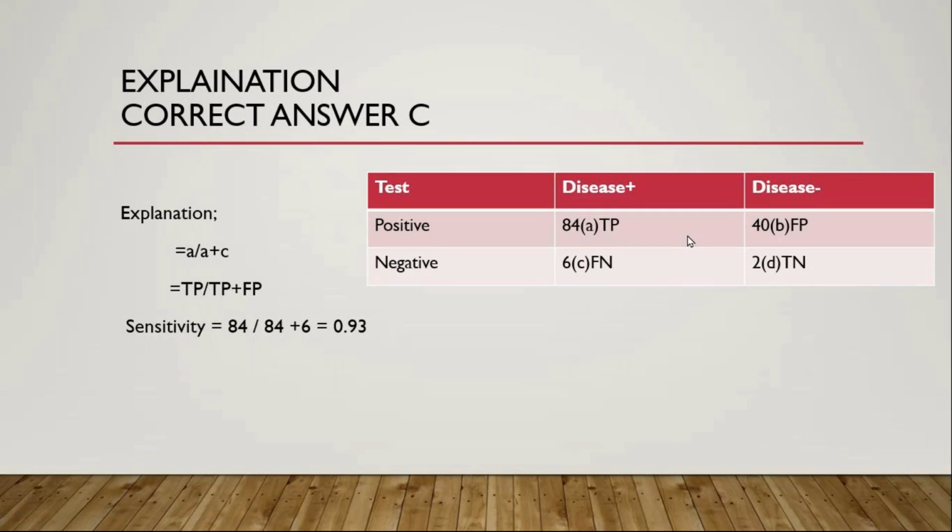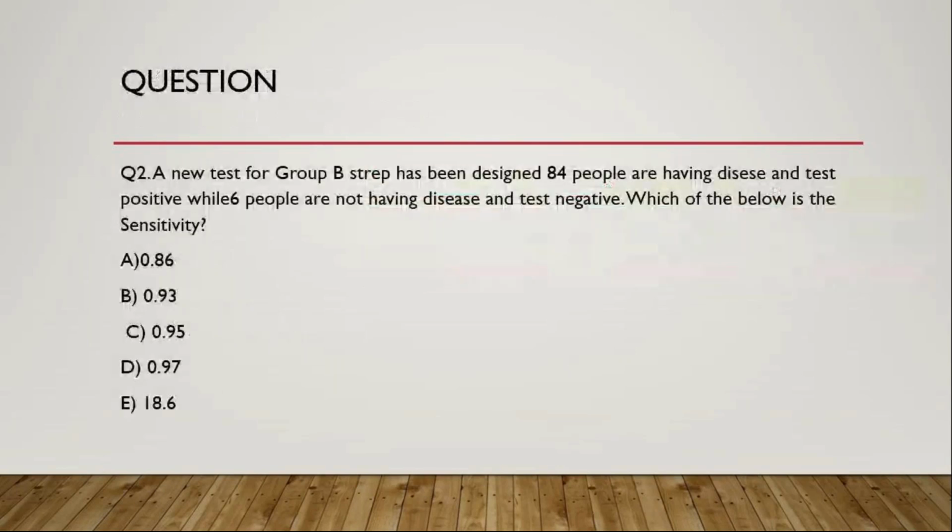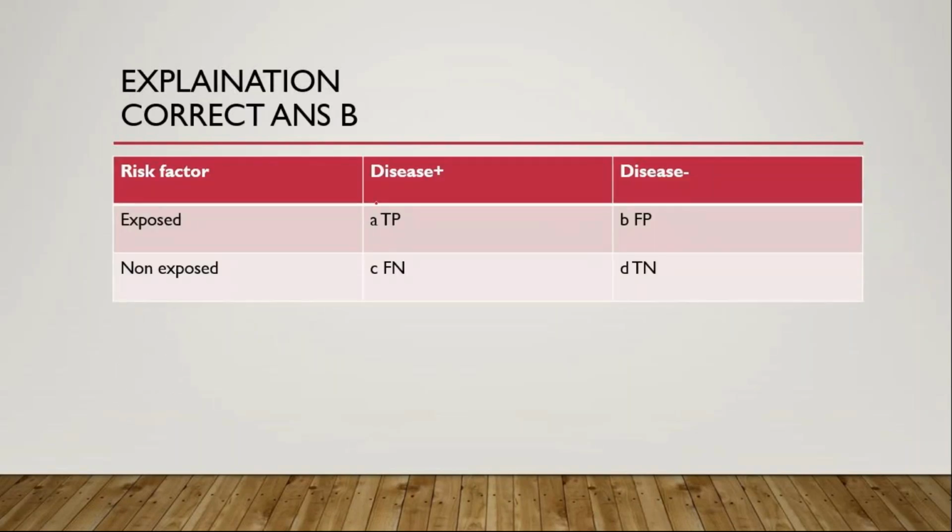So how do you solve the question? This is the test positive and test negative, disease positive and disease negative. In the question it is written that 84 people are having the disease and test positive. So 84 are true positive.